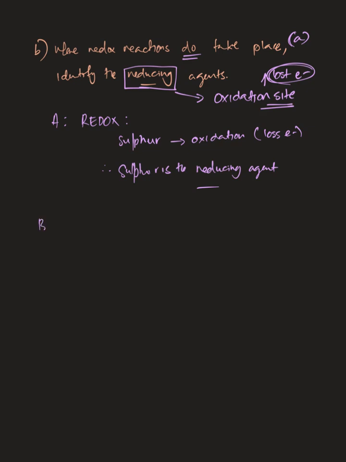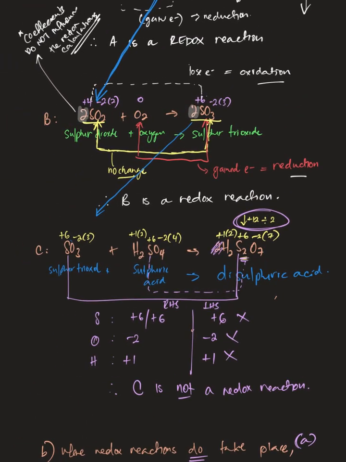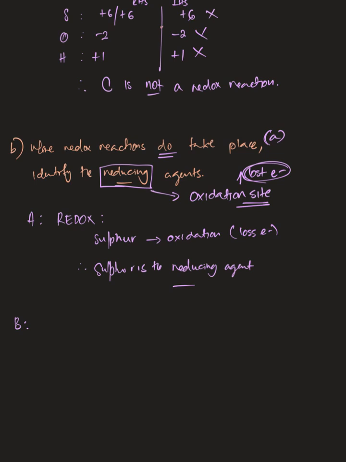Right. If I look at B, I need to look at what was going through oxidation. So in B, I had oxidation happening between, I'm looking here, sulfur. Right, so I know that B was redox. Again, the sulfur was being oxidized because it lost electrons.